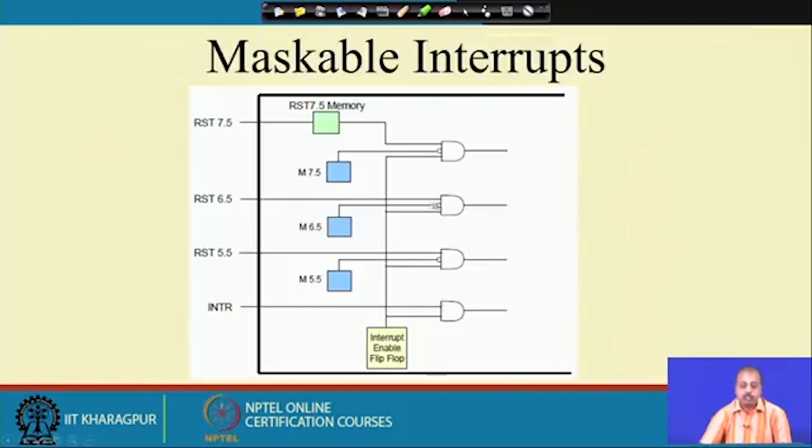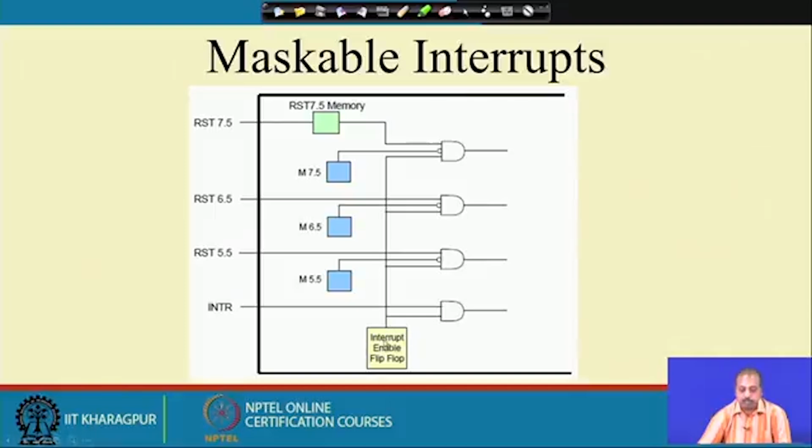This is the diagram that shows the situation. We have the mask flip flops M 7.5, M 6.5 and M 5.5. If these bits are made 0, you see that this is inverted here. So, if, say, for 6.5 this bit is 0, you will get a 1 at the input of this AND gate, and the interrupt enable flip flop is there.